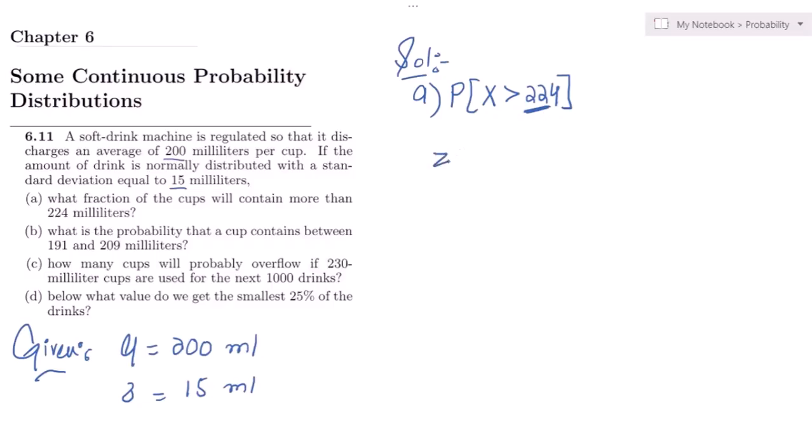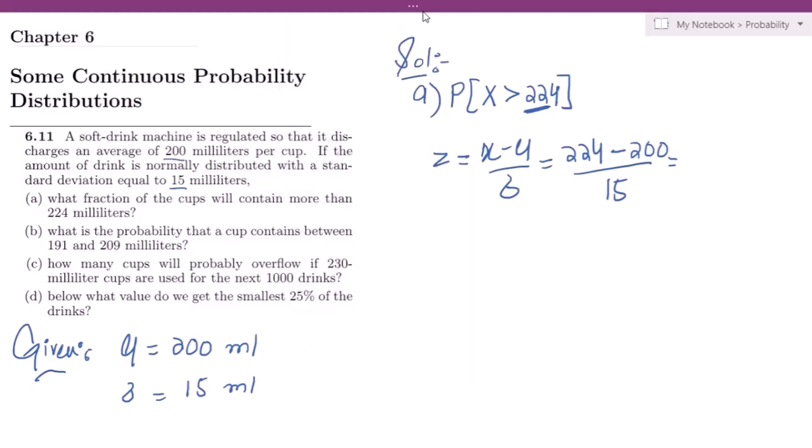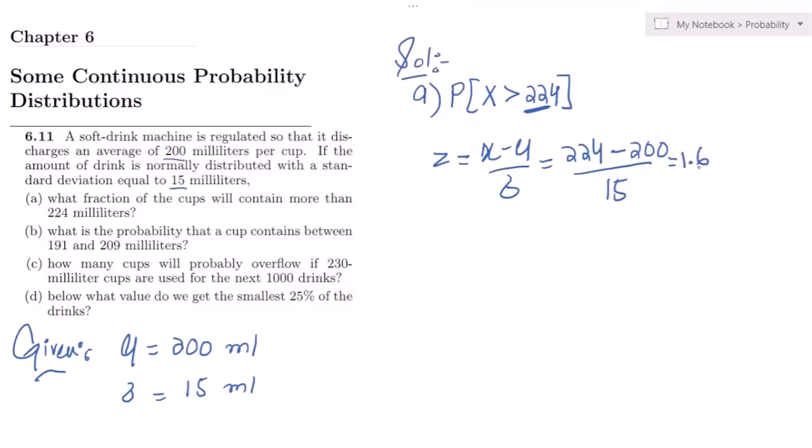In order to convert it to the z value, we know that z is equal to x minus mu divided by sigma. So let me put all these values: x is 224 minus mu is 200, divided by 15. This would be 24 by 15, which is 1.6.